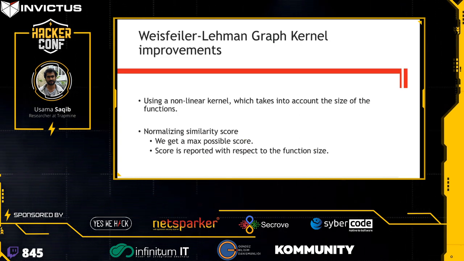For the Weisfeiler-Lehman algorithm, the improvements suggested have to do with the graph kernel. The current kernel computes using the inner product. This approach might be unreasonable since it increases the contribution of certain hashes when comparing a small function with a large function.